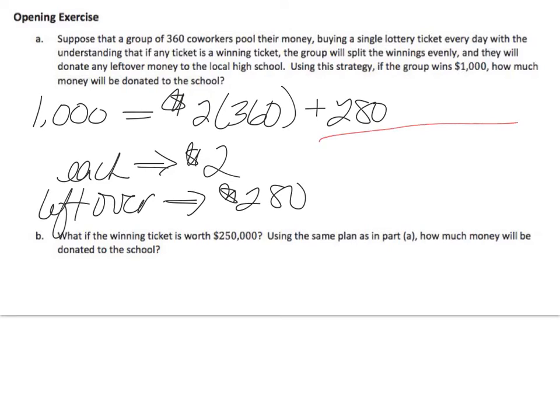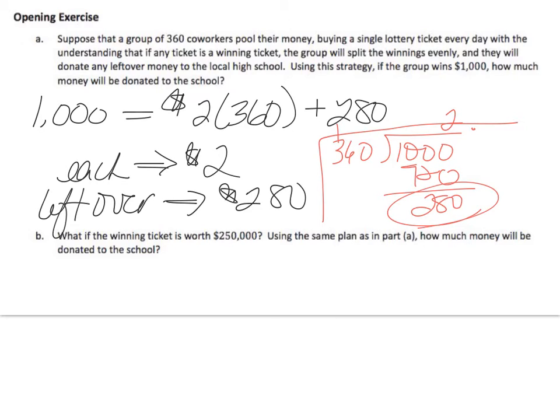Another really simple way to look at it is 360 goes into 1,000 2 times and some change. Okay, so that's my leftover, and that's how much money each person gets.